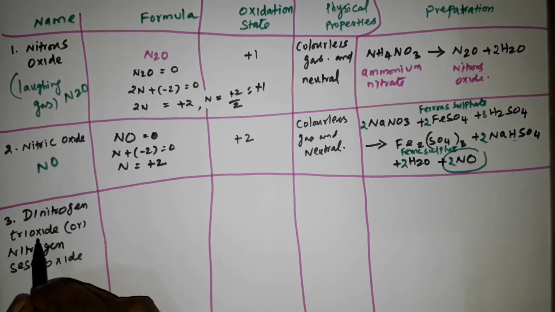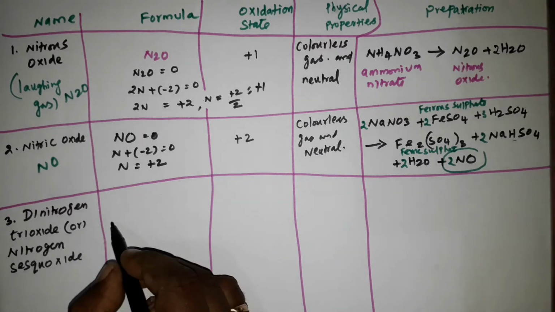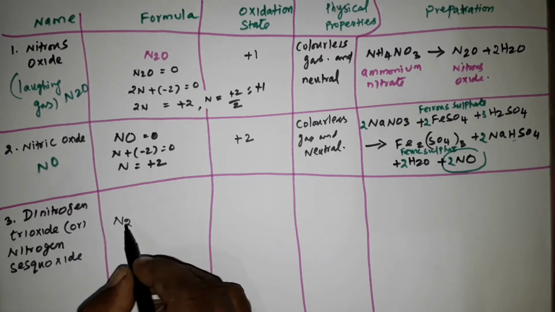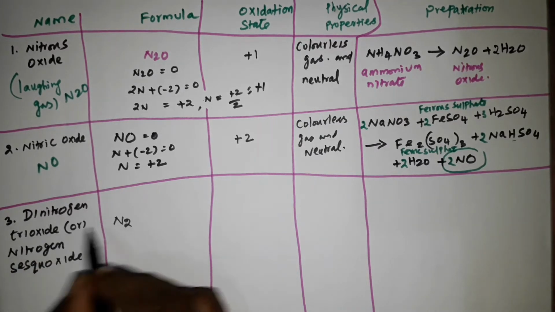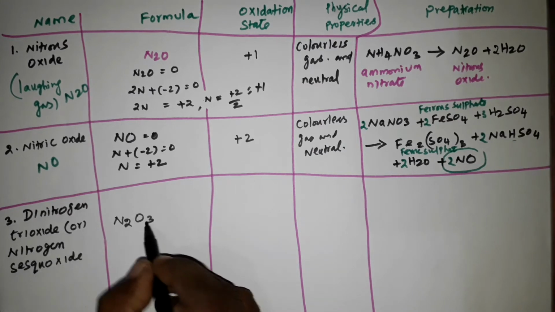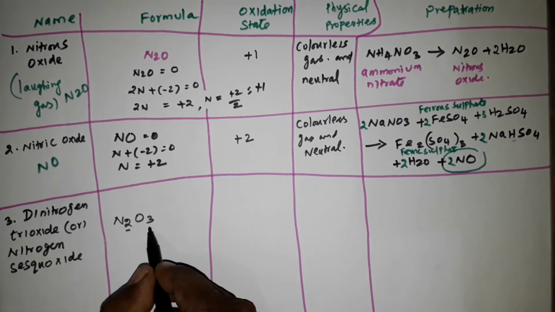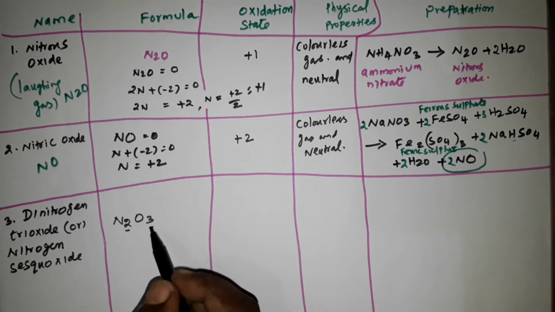So nitrogen trioxide or nitrogen sesquioxide. Okay, the formula is N2, dinitrogen, then trioxide, O3. Tri means 3, di means 2, tri means 3, N2O3.